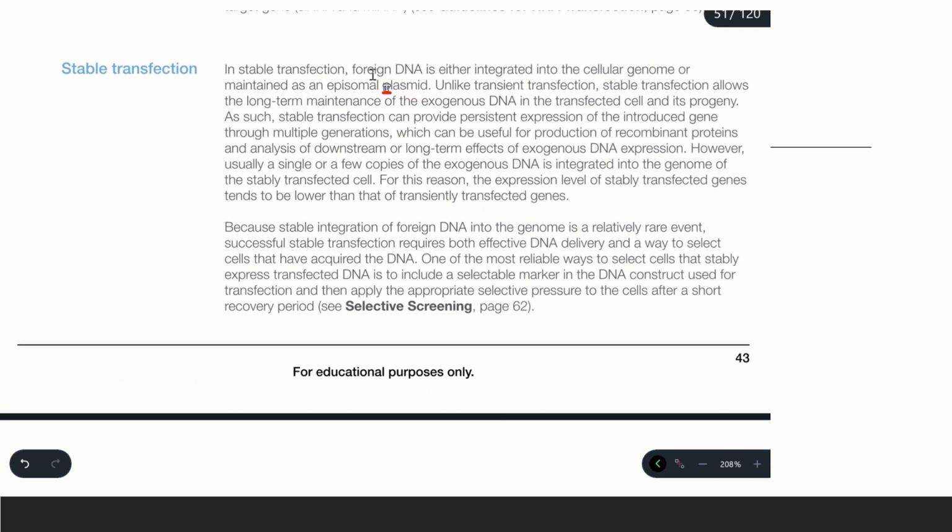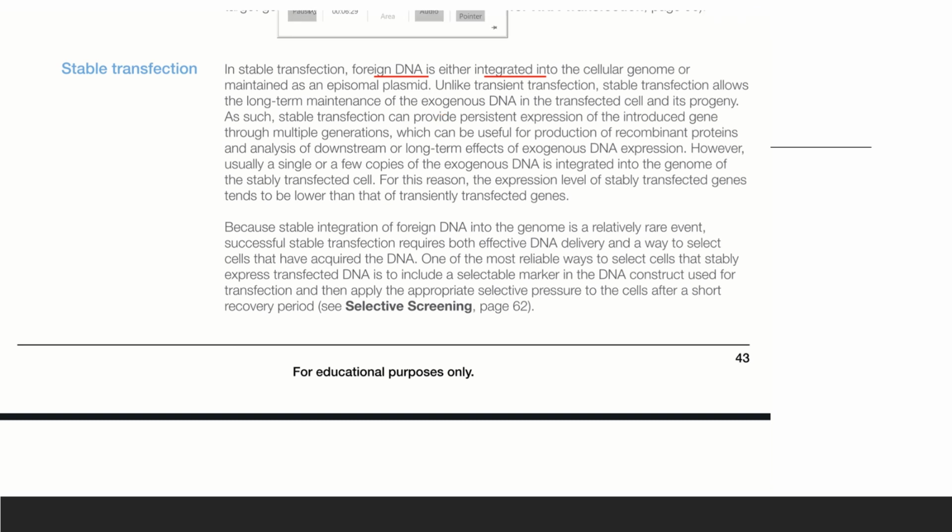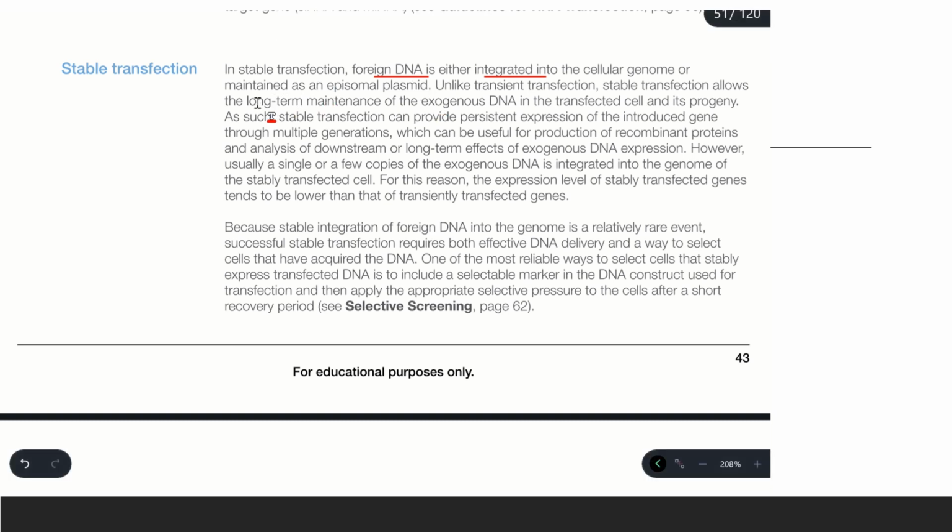A stable transfection is when foreign DNA or nucleic acids is either integrated into the cellular genome or maintained as an episomal plasmid. So this is the maintenance of long-term exogenous DNA in the transfected cell and its progeny.